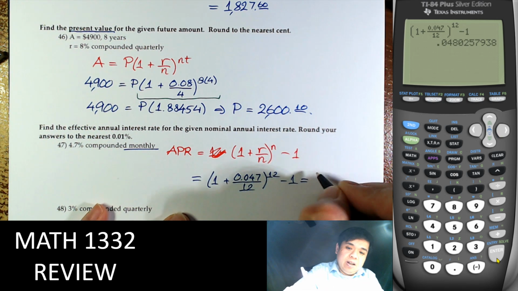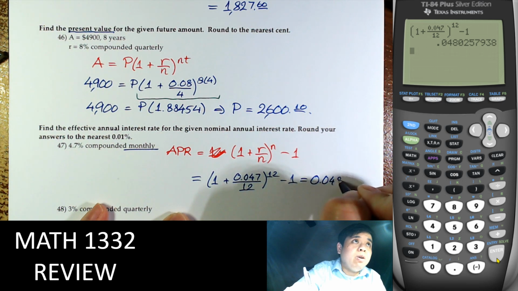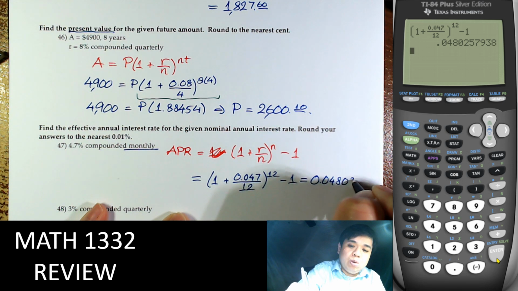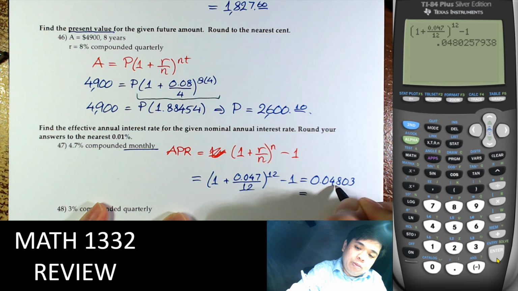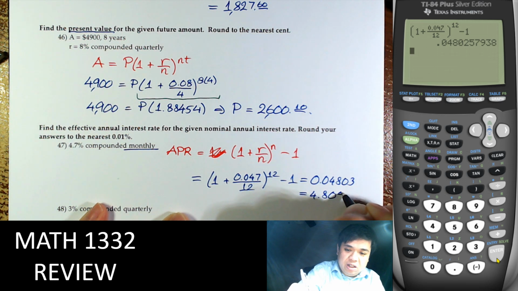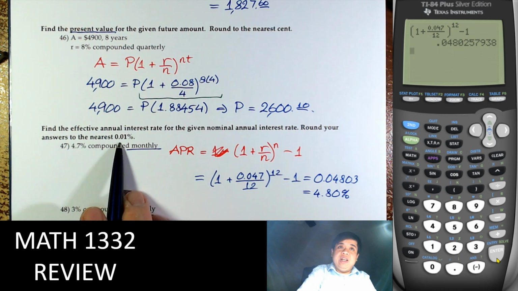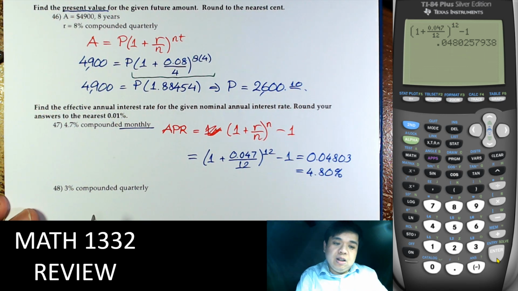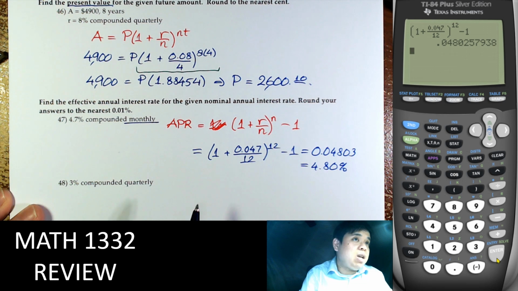We have 0.04803, which converts to 4.80%. They want the nearest 0.01%. So that's what we have.